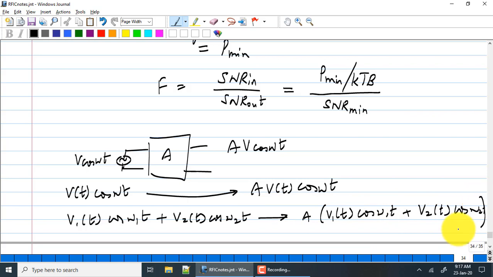And so on. So now this type of signal, V1 of t cos omega 1 t, is called an amplitude modulated signal.